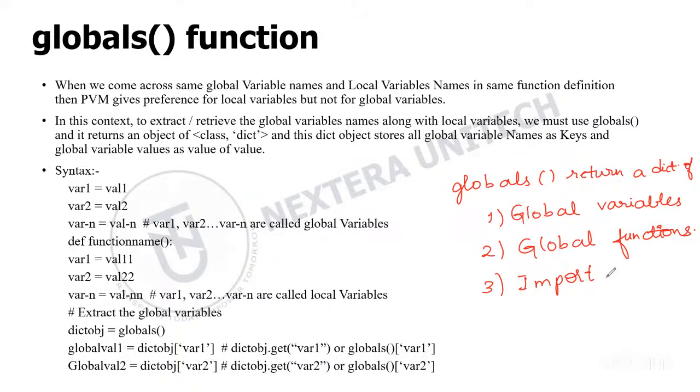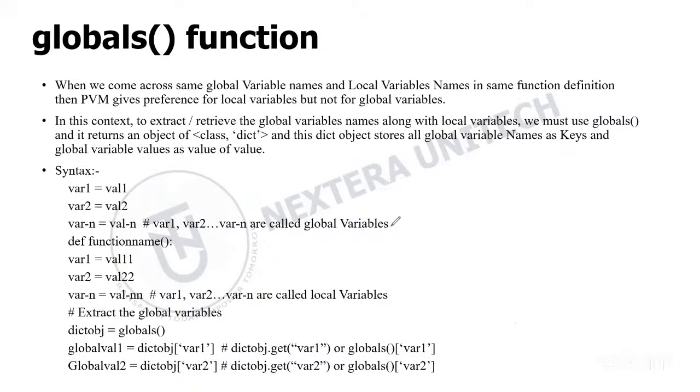We'll learn about modules in depth in the further classes. So imported modules and also built-in objects. So the objects which are built in, which are built into the program. So this globals function will return me a dictionary of all these values, that is global variables, global functions, imported modules and built-in objects.